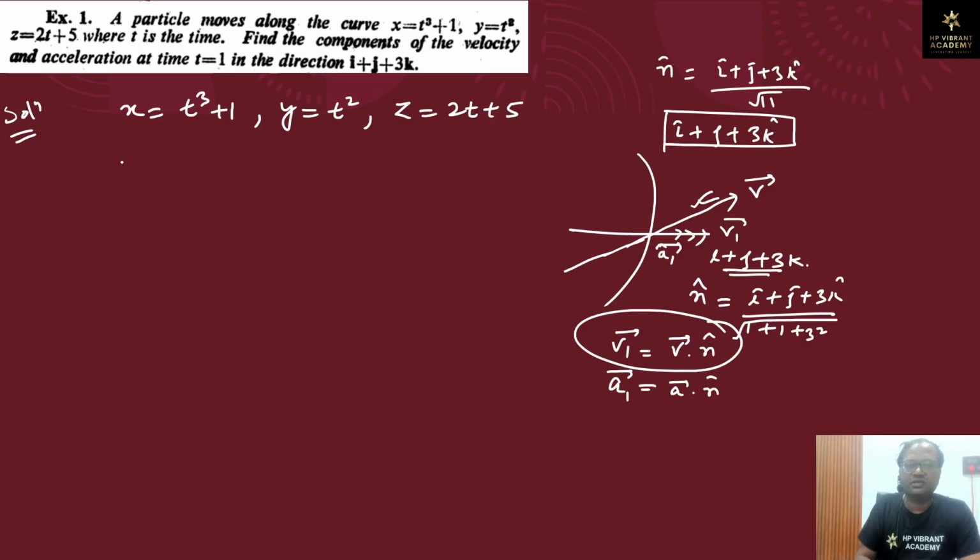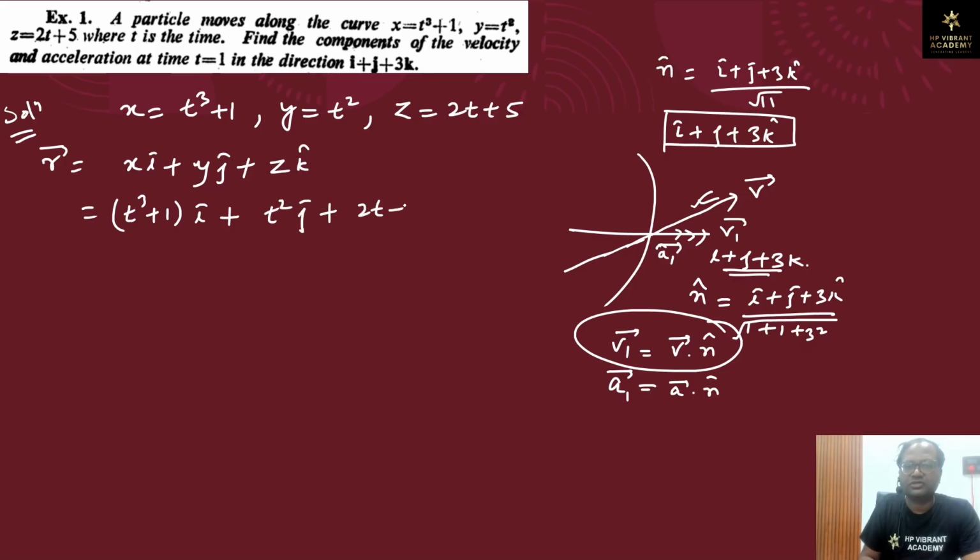Let us find the position vector. The position vector is given by x i cap + y j cap + z k cap. So this is equal to (t³ + 1) i cap + t² j cap + (2t + 5) k cap. This is the position vector.